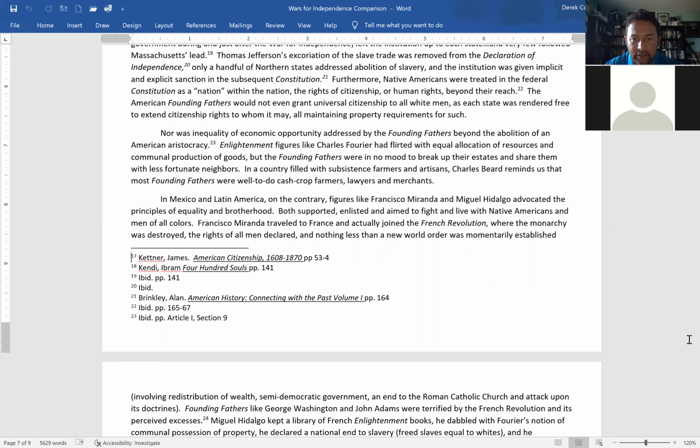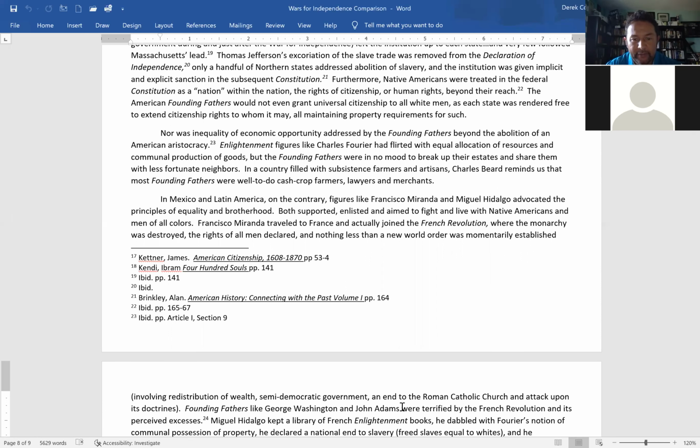But for Latin Americans, right, they took these issues on, like I said, mainly universal male citizenship and the integration of people of color. What a step. And of course, they didn't succeed, unfortunately.